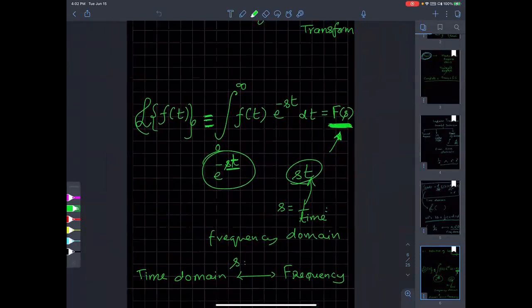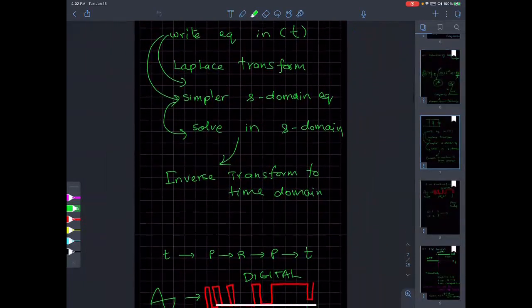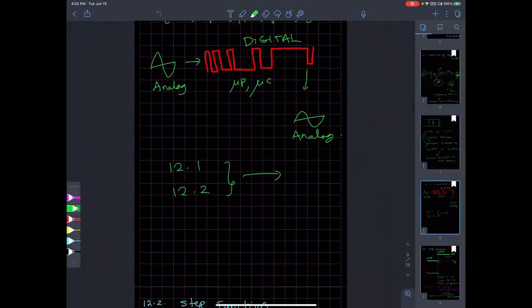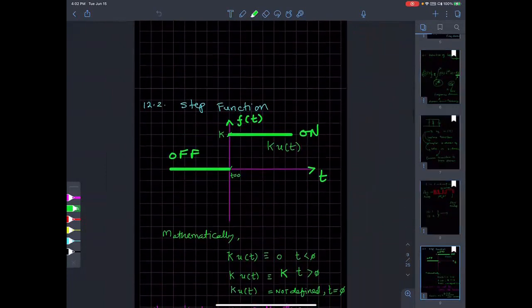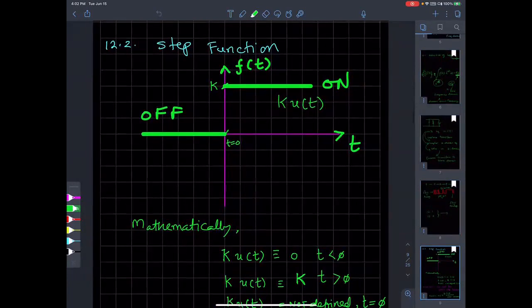And s is in the frequency domain, right? And then I gave you the advantages of using Laplace transform, which is mainly arithmetic simplification, simplifying intuitive understanding and all of that.